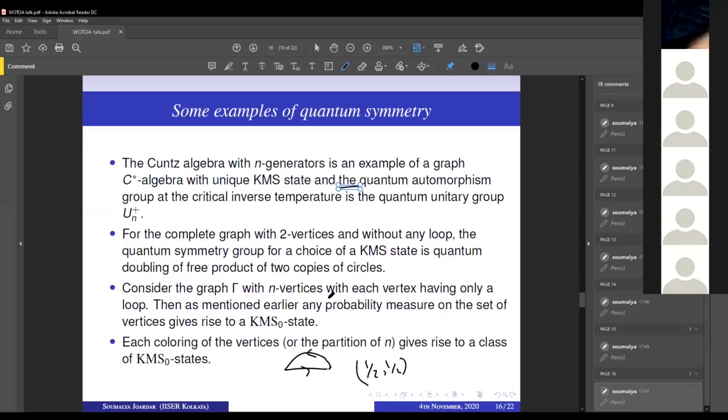And what is the most interesting example, let's say, is if one considers n vertices with each vertex having only one loop. I already mentioned this graph: you take n disjoint vertices and each vertex has a loop.